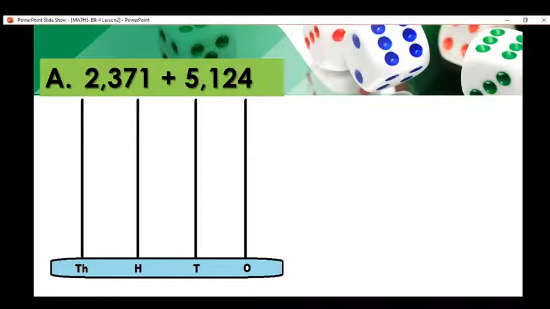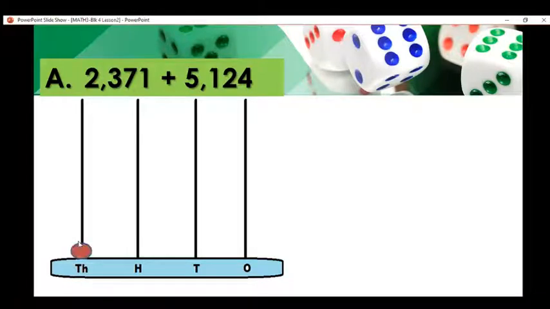So we will solve letter A. Again, we will do the abacus form. Look at your first number, 2,371. I have the red circles for this first number. How many thousands do we have in 2,371? Very good, that is 2.